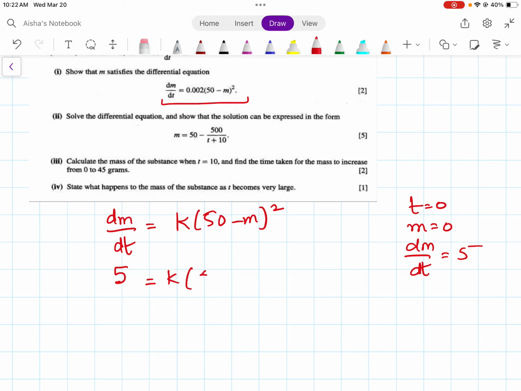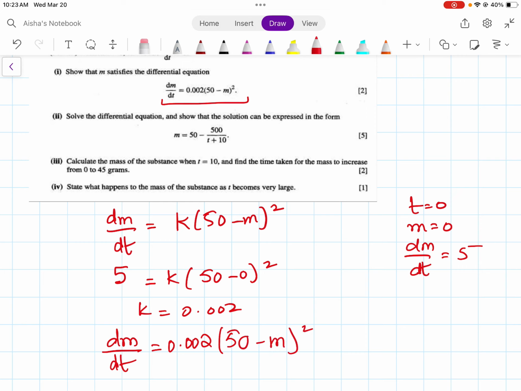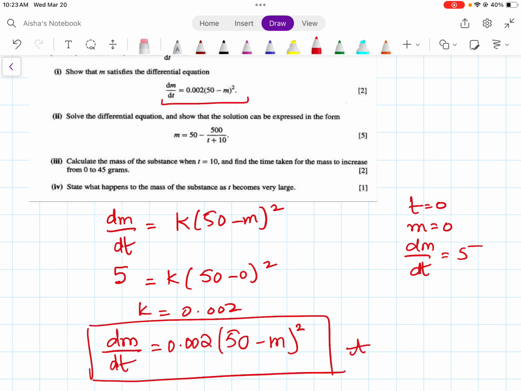When dm upon dt is 5, solve the differential equation and show the solution can be expressed in the form.